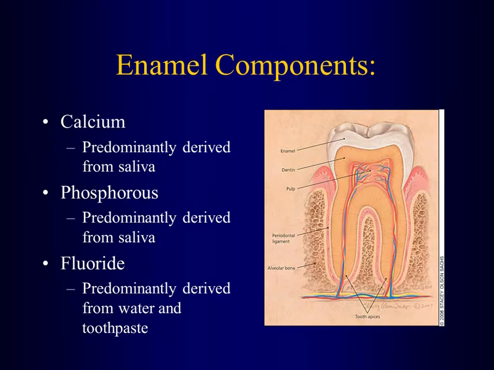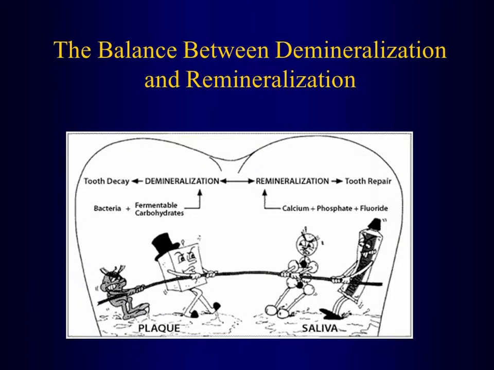We all know that the enamel is composed of calcium and phosphate crystals, or hydroxyapatite crystals, and these are predominantly derived from saliva. We know that fluoride, which is in our toothpaste and our water, helps drive the process of mineralization of the enamel.